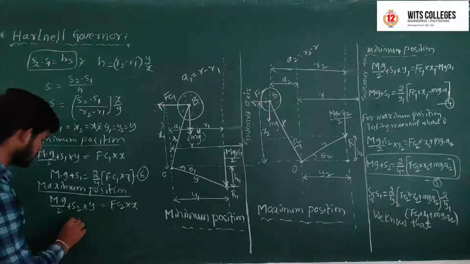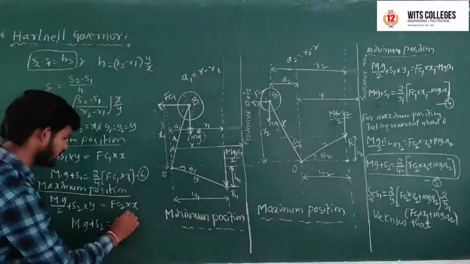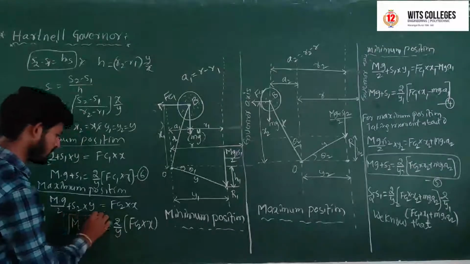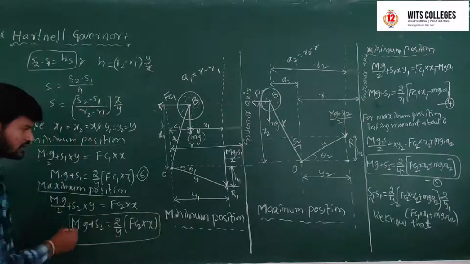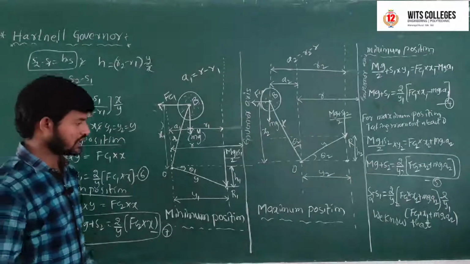Then we form the equation mg plus s2 equals 2 by y into fc2 into x. This is the 7th equation.